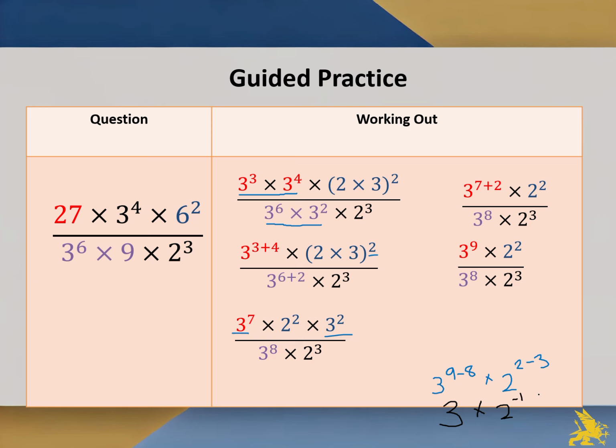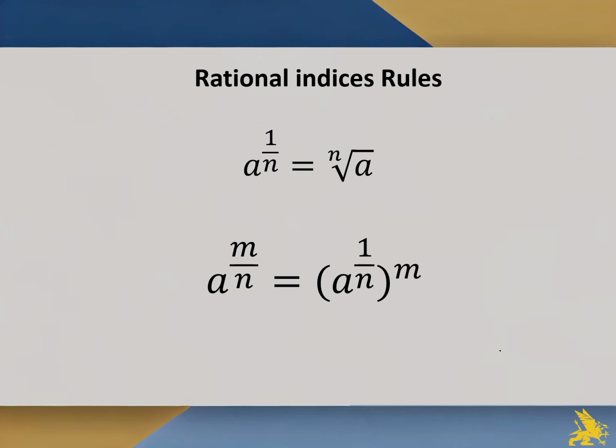Now, if we know our understanding of powers of a negative, we can take it to the bottom and it becomes positive. The next part we need to know is our rational indices rules. So we know if we have a square root, it's going to be a power of a half.